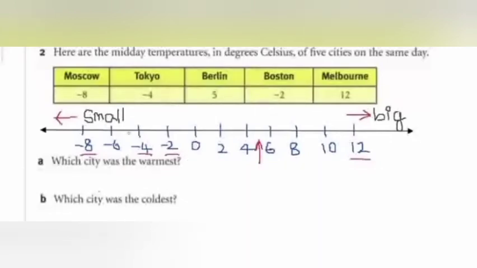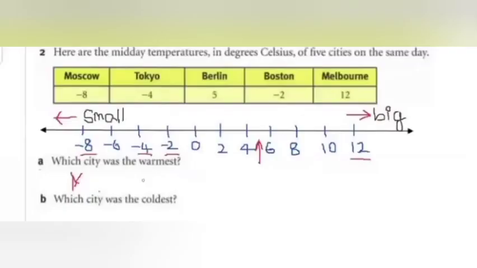So the answer for the first question, which city is the warmest? The warmest city is Melbourne. So I'm going to write it. Melbourne is the warmest city.